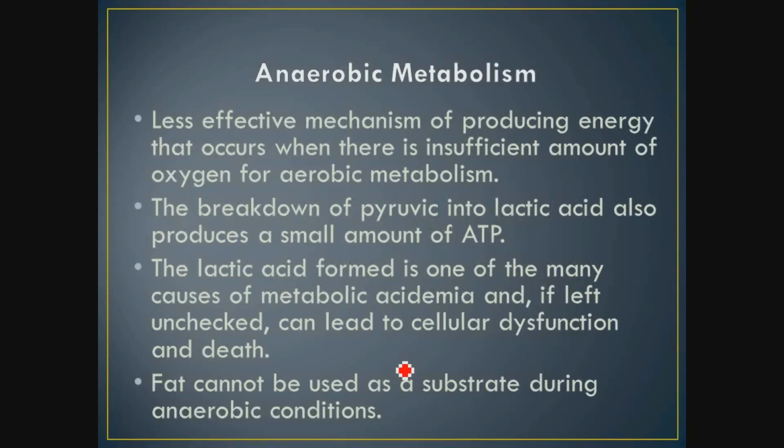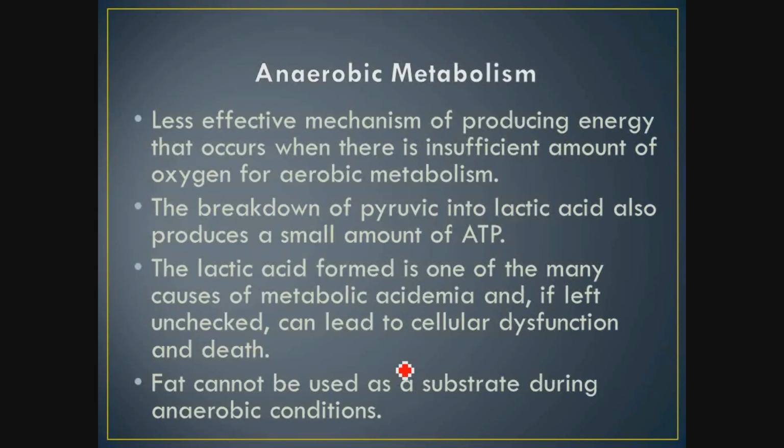If you don't have oxygen available, then we have an anaerobic process going on. Under normal conditions, you produce a significant amount of ATP when you burn something through oxidative phosphorylation. Oh my God, the Krebs cycle. When you go in the other direction with an anaerobic process, you create an extremely small amount of energy in the form of ATP, and you also produce lactic acid as a byproduct.